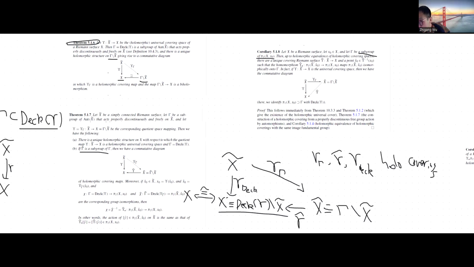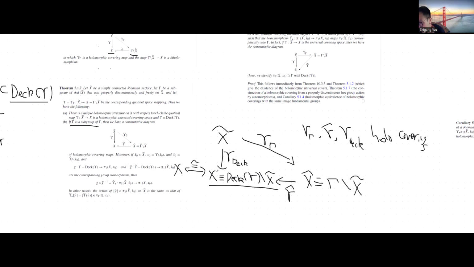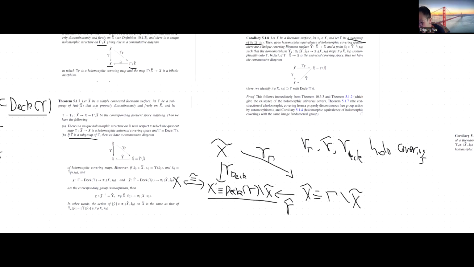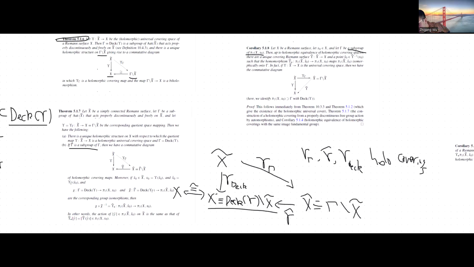Okay, so I want to show that it maps pi1 of X hat, x naught hat isomorphically onto gamma.